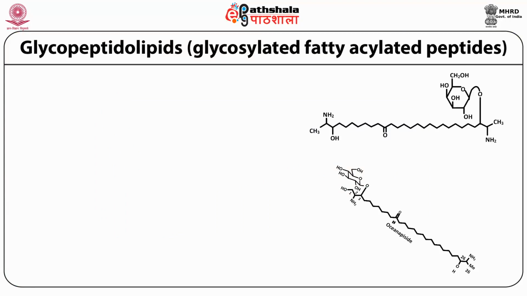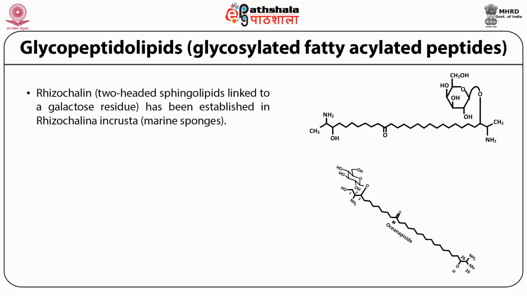Among the glycopeptidolipids, which are glycosylated fatty acylated peptides, rhizochalin, which is a two-headed sphingolipid linked to a galactose residue, has been established in a marine sponge named Rhizochalina incrustata.